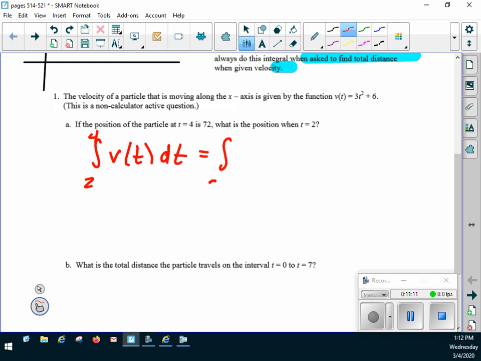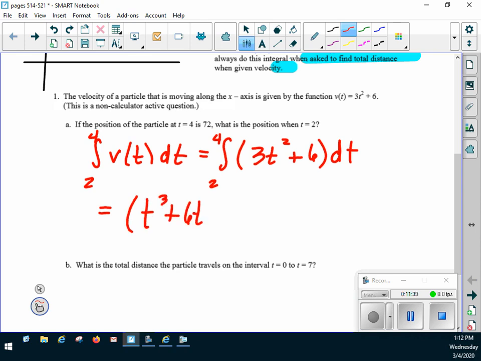So what we've got here is the integral from 2 to 4 of 3t squared plus 6 dt. That gives t cubed plus 6t, evaluated from 2 to 4. This is the lower limit here. That one goes up there.